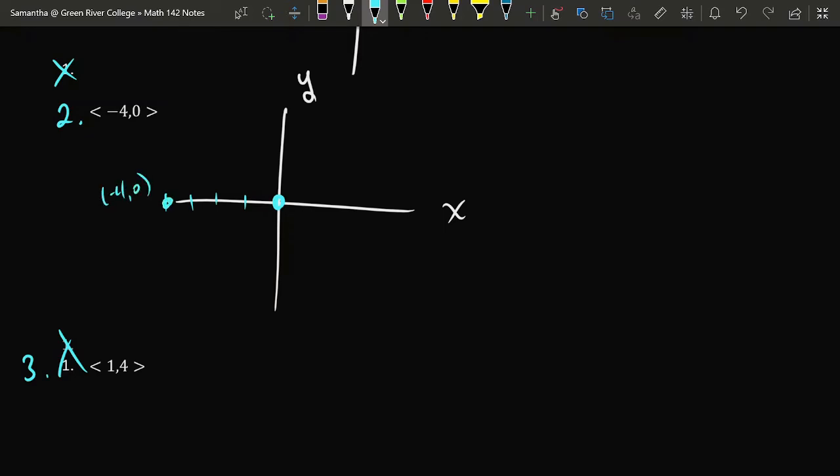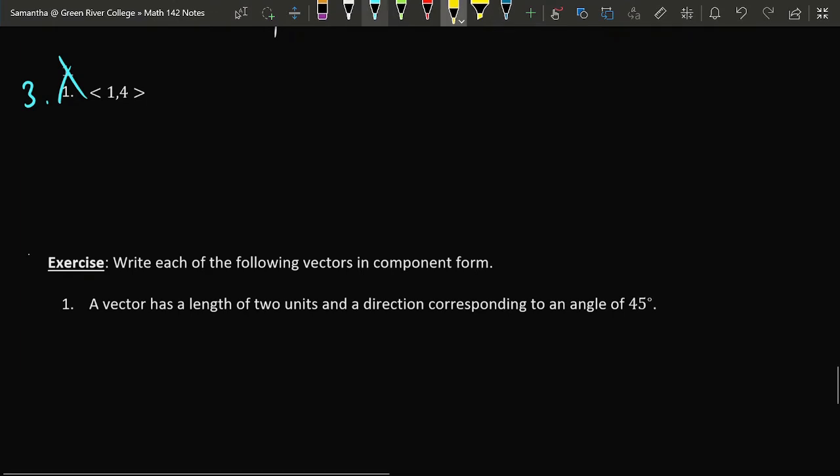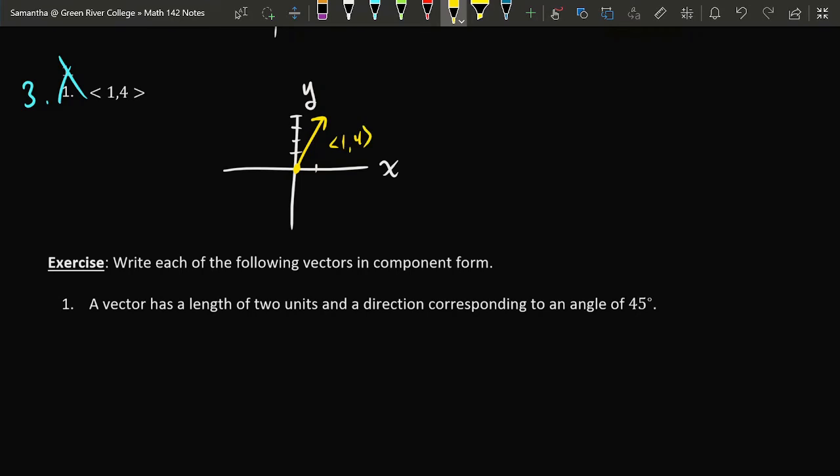The point with parenthesis is this location on the far left, and the vector is how we reach that location from the origin. And for one final quick exercise here, we have the vector 1 comma 4. So starting at the origin, we'll go 1 unit over and 4 units up, and this arrow is the vector 1 comma 4.